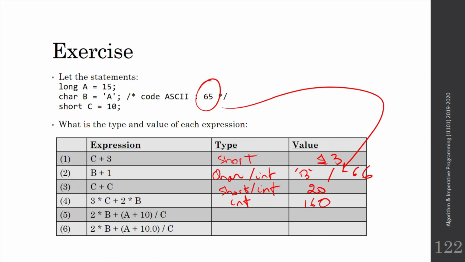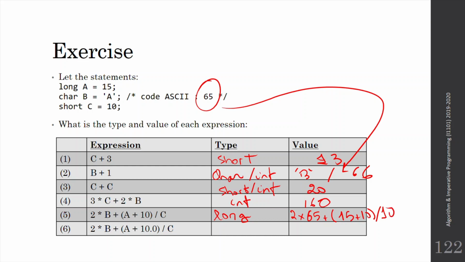So we have here long, char, and short. The strongest one is long. So we have 2 multiple b, 2 multiple 65, plus a, which is equal to 15, plus 10 over 10.